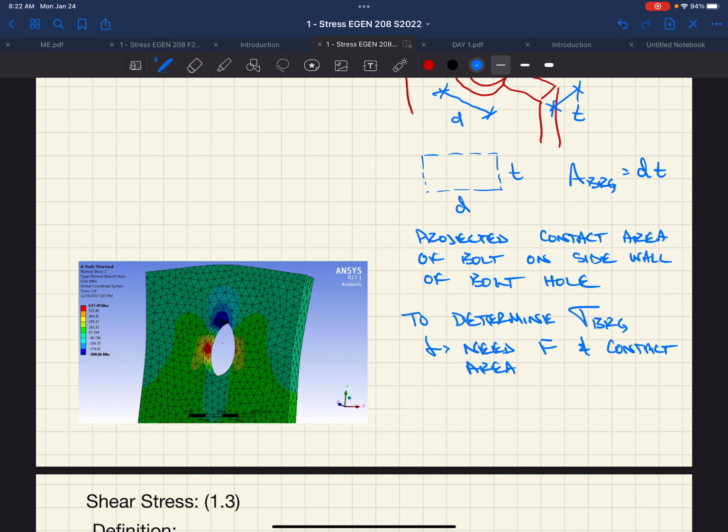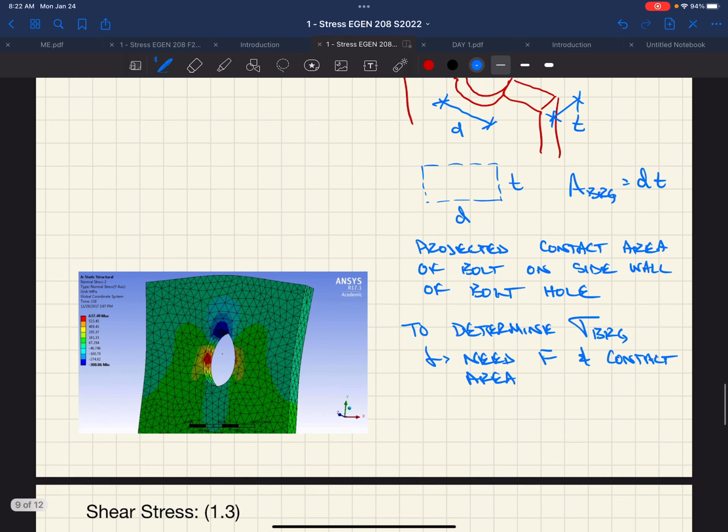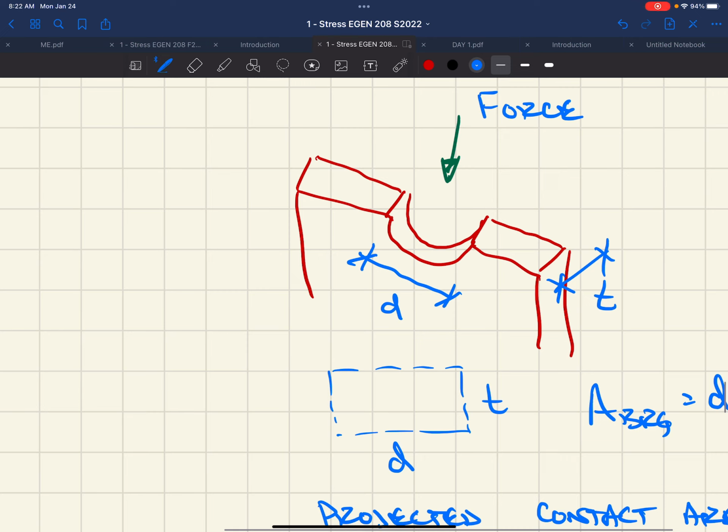If your bolt was a lot smaller than your hole, that contact area is not going to be as nice and projected as we would see here. It's not going to bear on all edges of that bolt hole. It would if your bolt's the same size, but as you get that bolt smaller and smaller, your contact area gets smaller, so the idea that we would just use the projected area of the bolt in the bolt hole becomes a lot simplified.